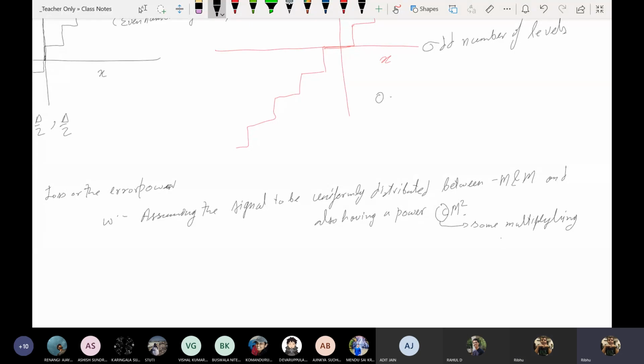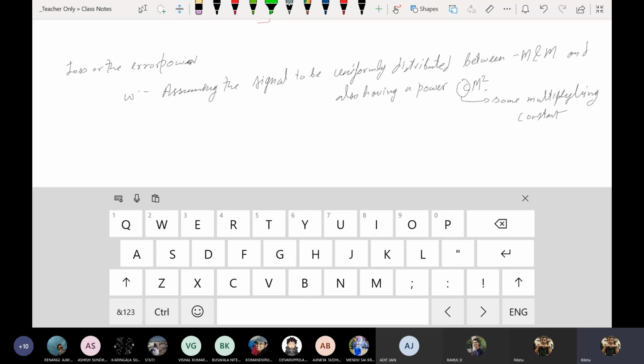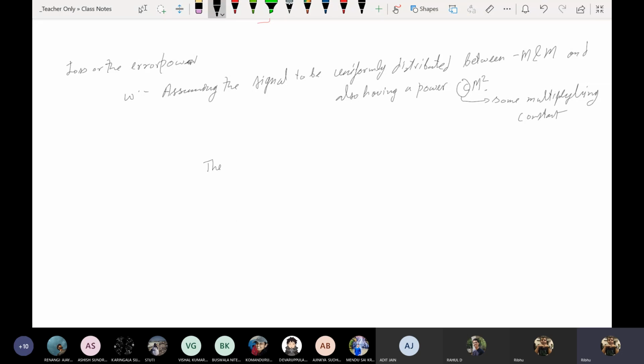Then within each step, the quantization error x minus x tilde is also uniformly distributed, right?